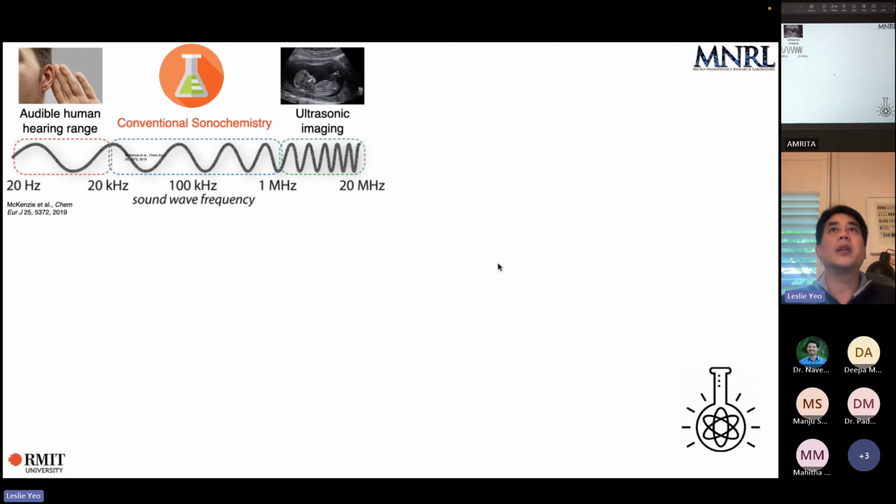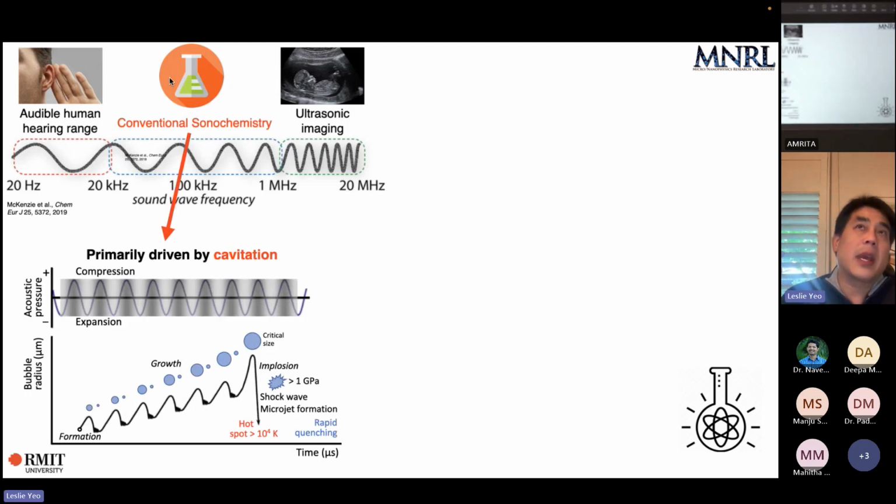Okay, so the other space that has been, there's quite a history to it, it's not new, is sonochemistry, right? The use of sound waves to do chemistry and materials processing. Again, conventional sonochemistry has typically been in the kilohertz up to megahertz range, okay? So again, these are very linear, and the predominant mechanism by which the chemistry is done by the sound wave irradiation is through cavitation.